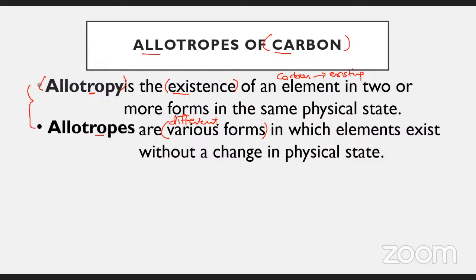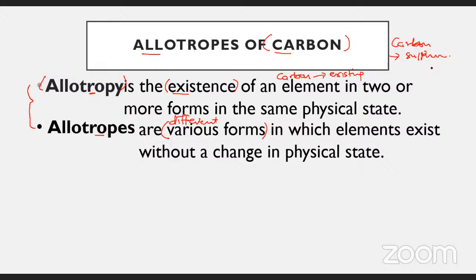So I can always say that allotropes are different forms in which elements exist without change in physical state. And once again, it's not only carbon that undergoes this. We have other elements like sulfur. Sulfur also shows allotropy, but we shall not go into details of sulfur.